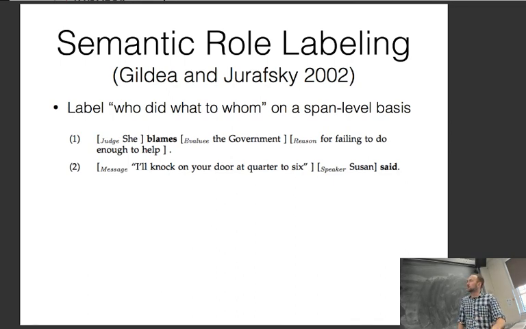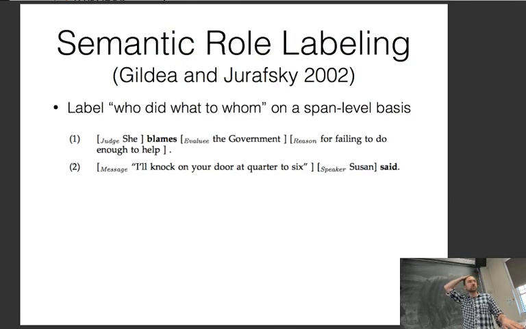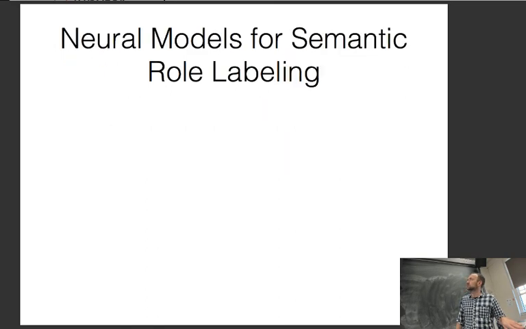But on the other hand, you just need to label spans, which makes things a lot easier. The good thing about this is that you could then go and say, what do people tend to blame people for? Like, what are the reasons why people tend to get blamed, et cetera. So you can ask fairly deep questions about stuff.